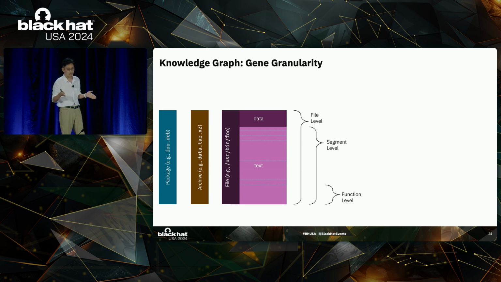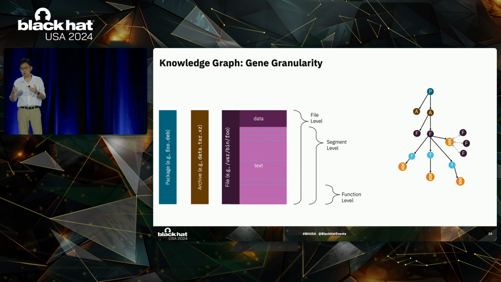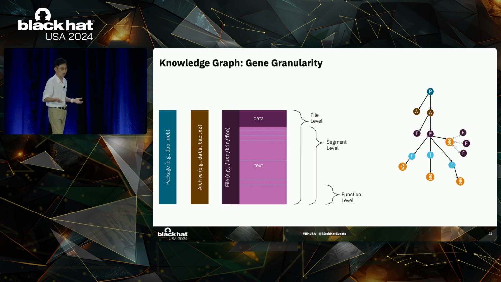And inside the file, as Dylan mentioned, we go all the way down to the function level to extract the gene. So in this process, we take all the files from the trusted source and build the knowledge graph. From the package, we peel the onion, going into the archive files, to each of the functions, and generate all the genes.